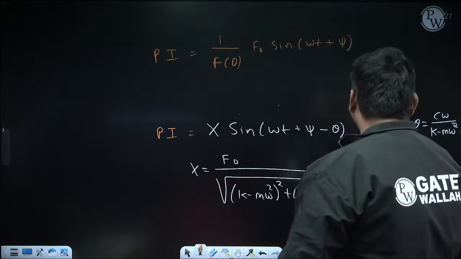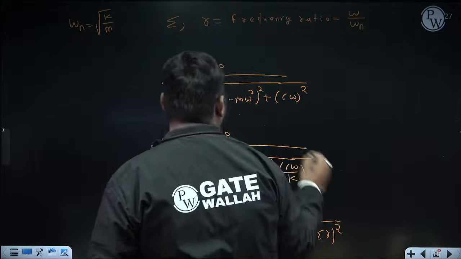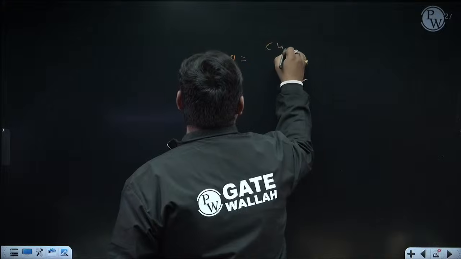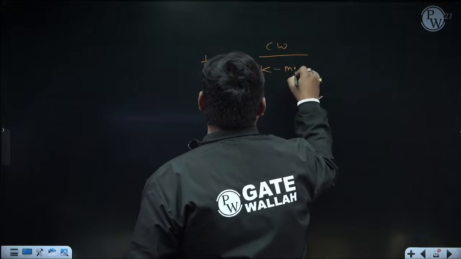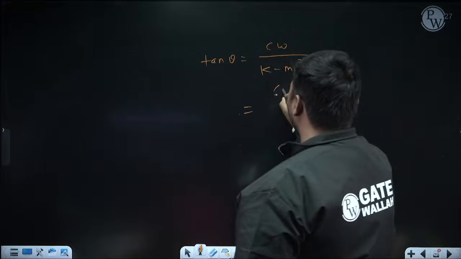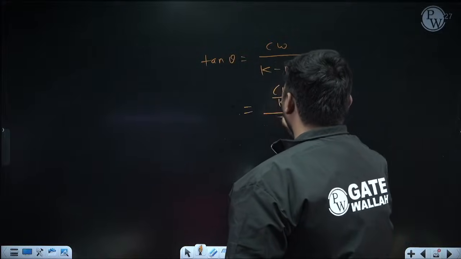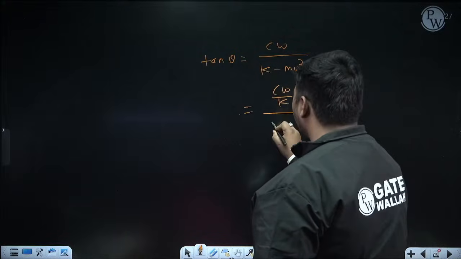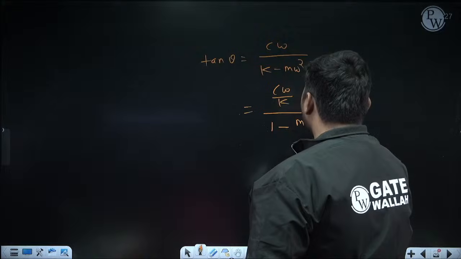Similarly, if you try to find the expression of theta, we already know tan theta is c omega upon k minus m omega square. Now from the bottom, if we take k common, it becomes c omega by k upon, from this equation we have taken k common, so divide this with k. So k by k will be 1 minus m omega square by k.